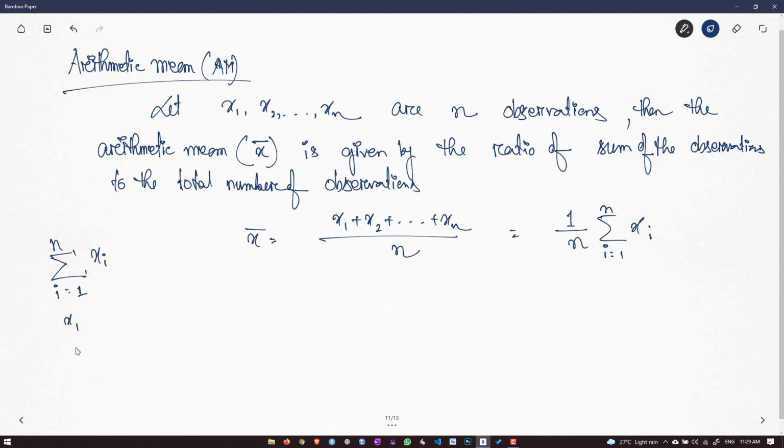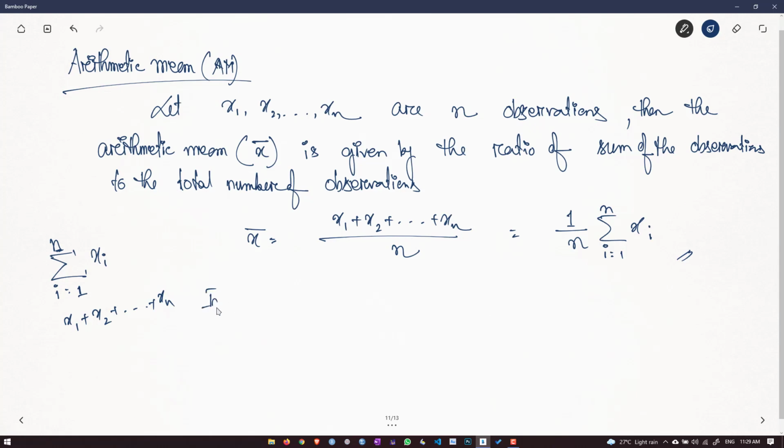At the first step it will be 1, at the second step it will be 2, up to the last value, that is xn. So this is the definition of arithmetic mean when the observations are ungrouped raw data: the ratio of the sum of the observations to the total number of observations.